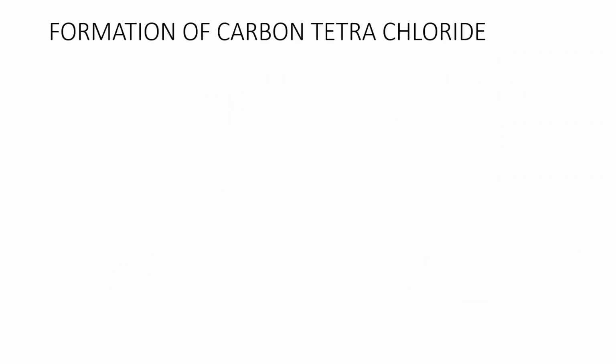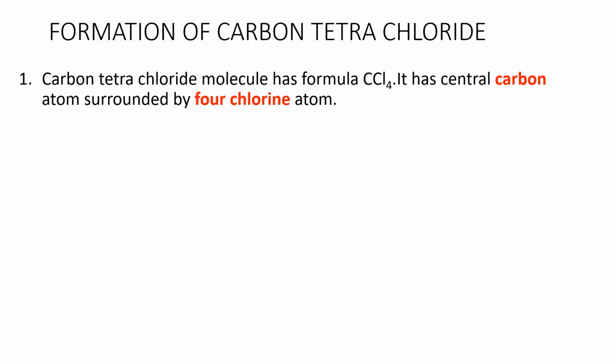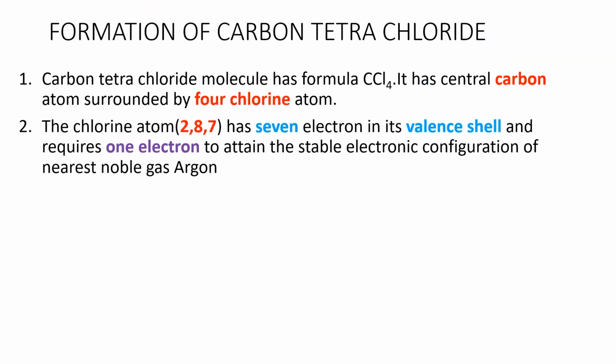Let us study the formation of carbon tetrachloride molecule. Carbon tetrachloride is basically a non-polar solvent. It has a central carbon atom surrounded by 4 chlorine atoms. As we know, chlorine requires 1 electron to complete an octet and attain the stable electronic configuration of the nearest zero group element, that is argon.